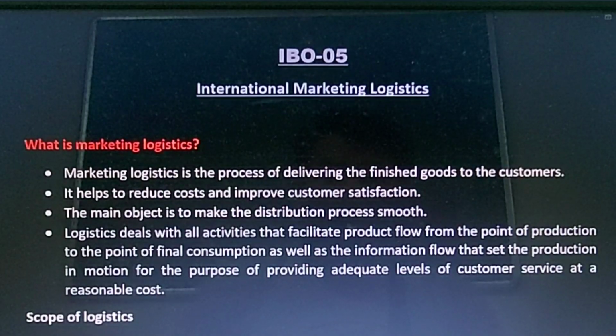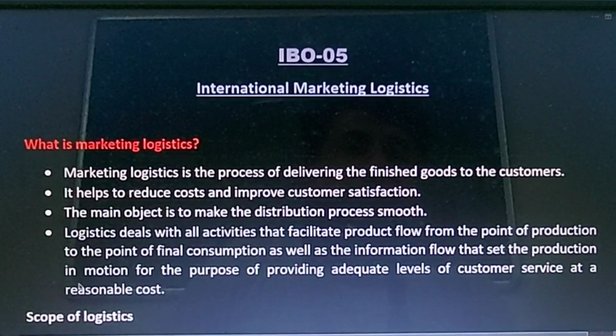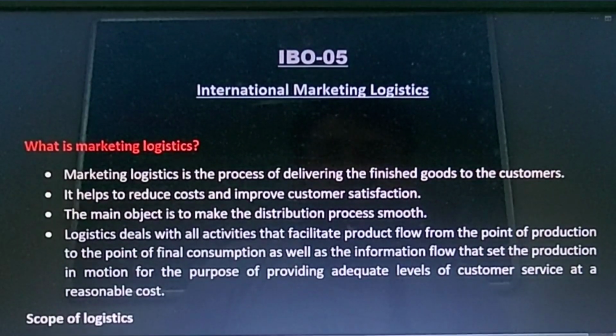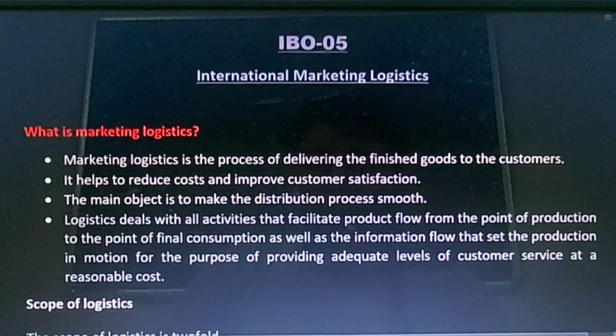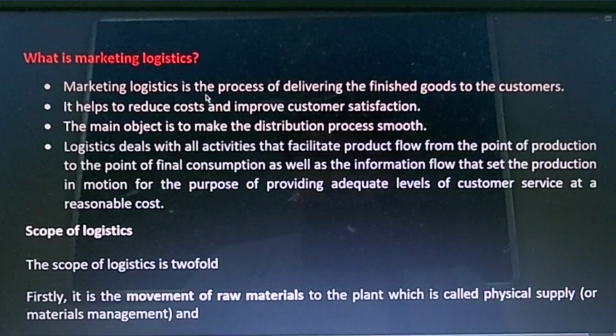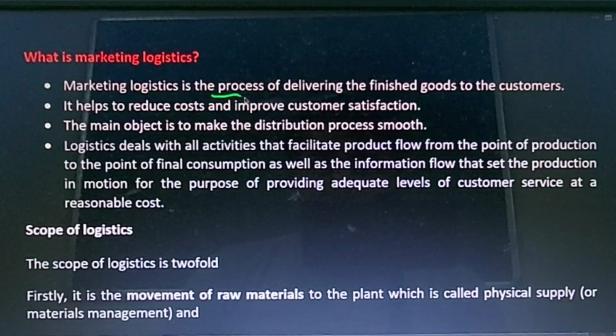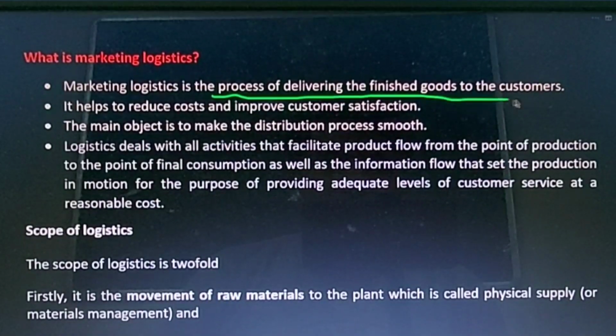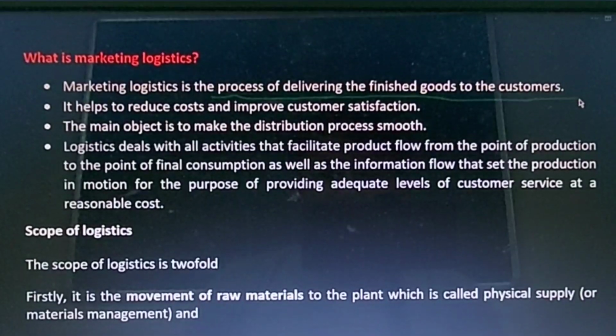And let's see the first important question that you might get in your exams. So first try to understand what is marketing logistics. Basically, it is a process of delivering the finished goods to the consumers, in very simple words.